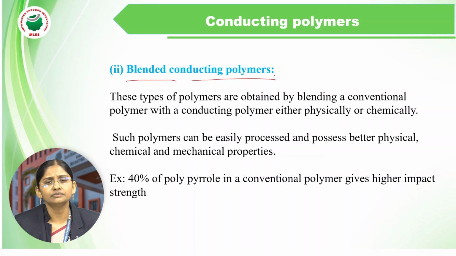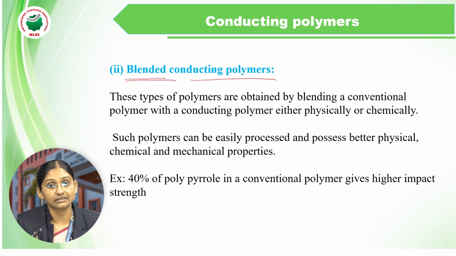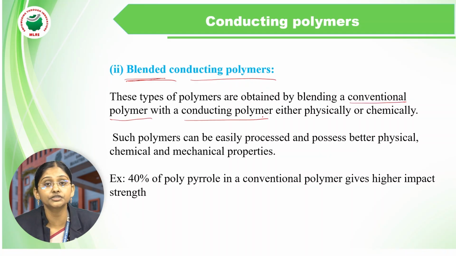So blended conducting polymers means what? In general, we know the meaning of blending. What is the general meaning of blending? It is nothing but mixing, right? So here blended conducting polymers means we are mixing, or adding, a conventional polymer with a conducting polymer.